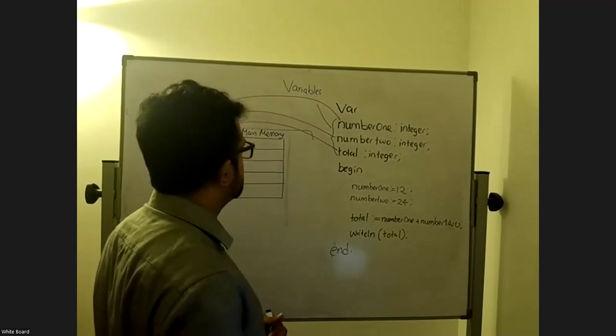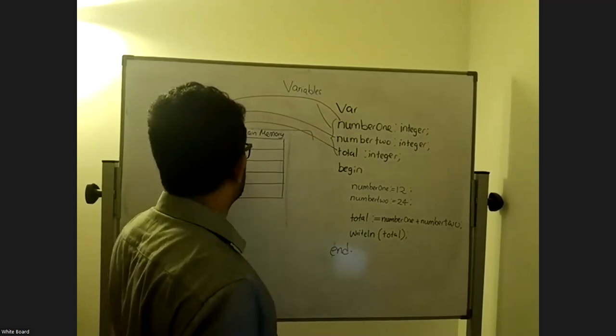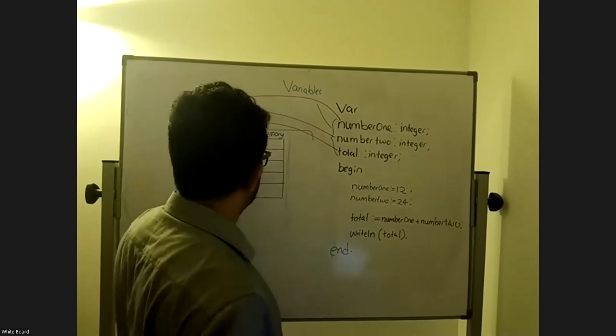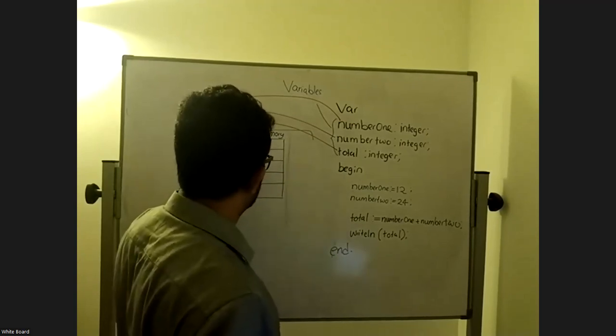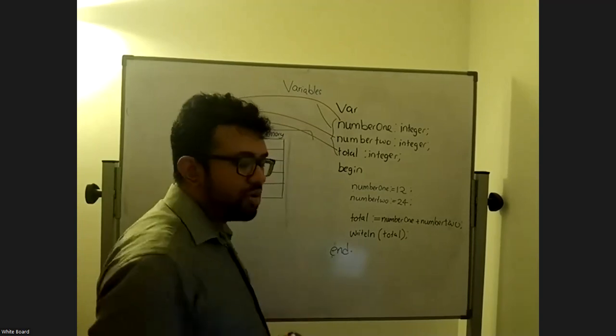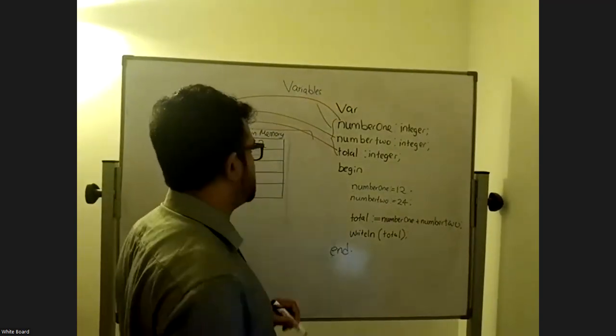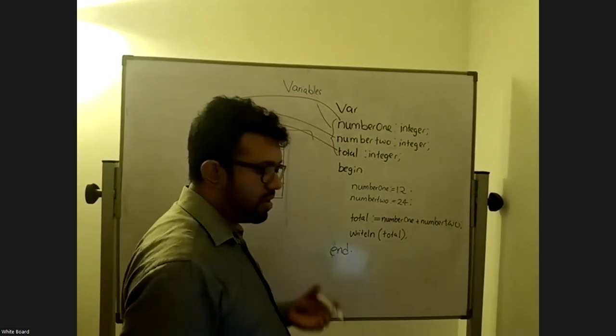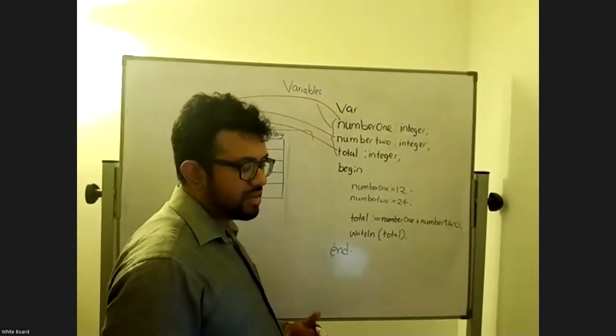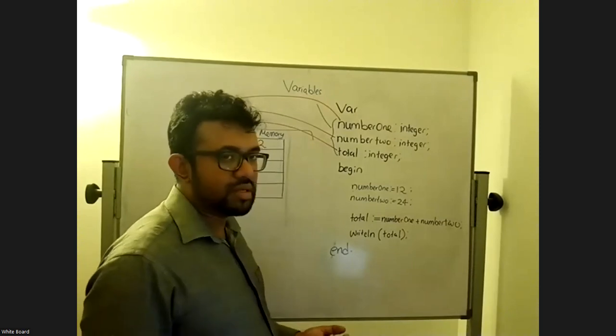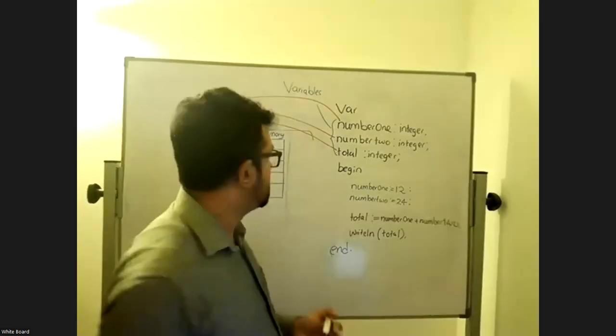So number 1, I have allocated 12 inside. So inside this you have number 12. 12 is not going to be like this inside. It is going to be actually in binary. It should be in binary values. You know that the data in the computers are stored as binary values.